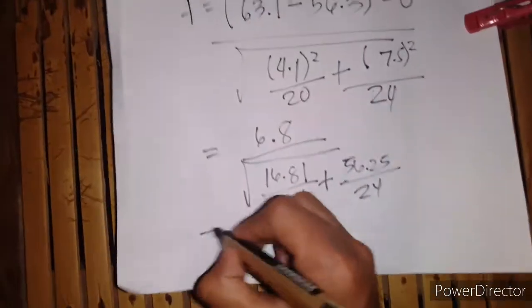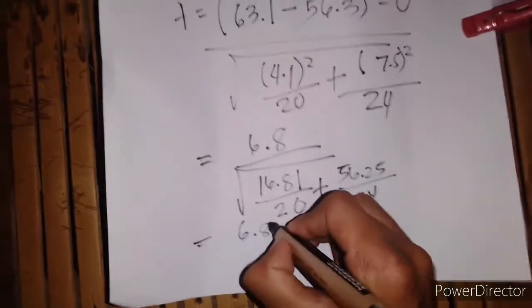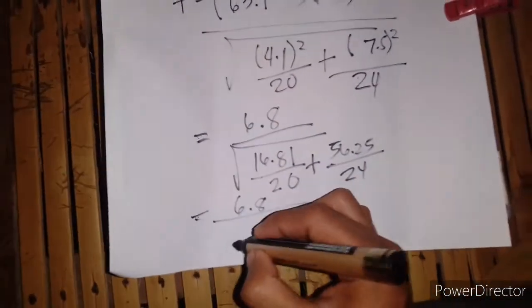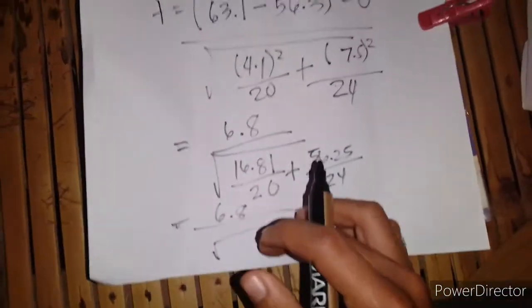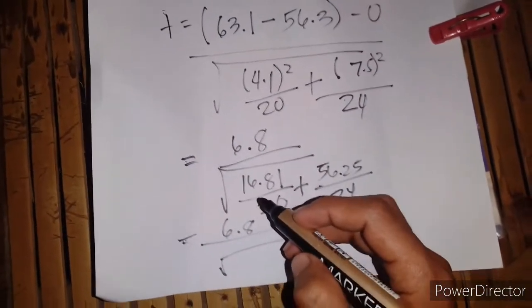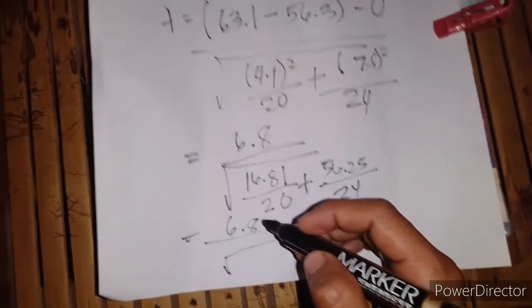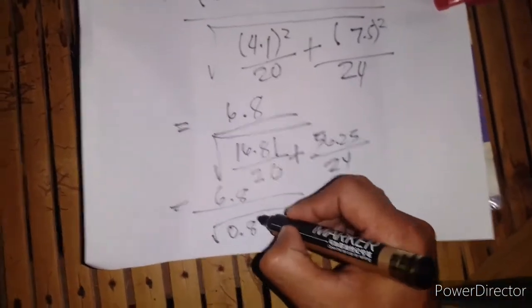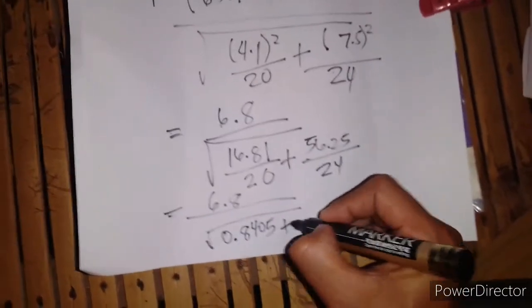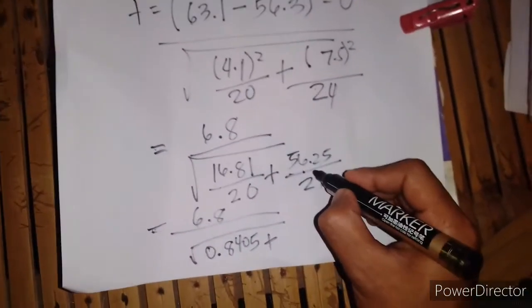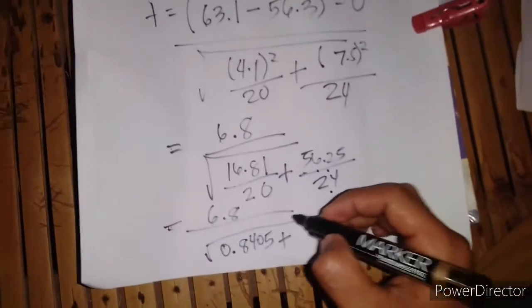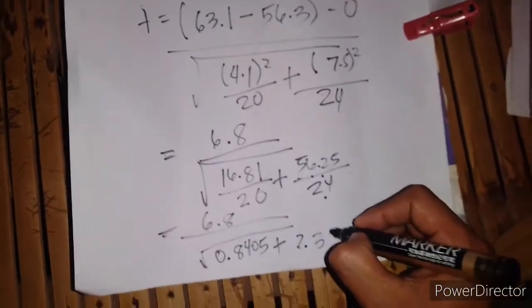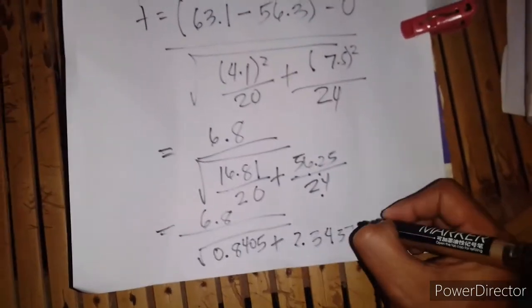Then copy the 6.8 divided by the square root of 16.81 divided by 20, equals 0.8405, plus 56.25 divided by 24, equals 2.34375.